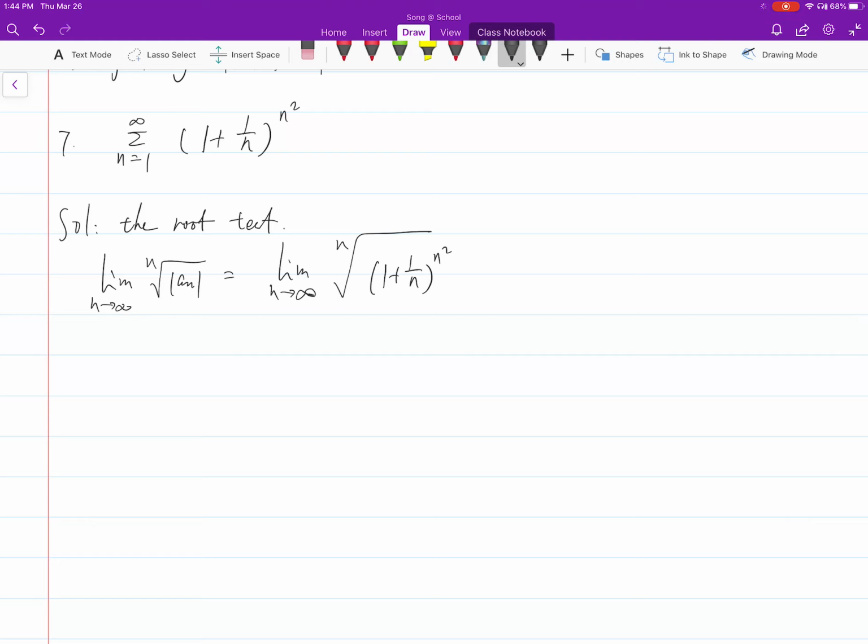Number 1, definitely the root test. Number 2, the algebra may be tricky. Let's think about how we handle this. Try some examples, like what is the square root of a squared?